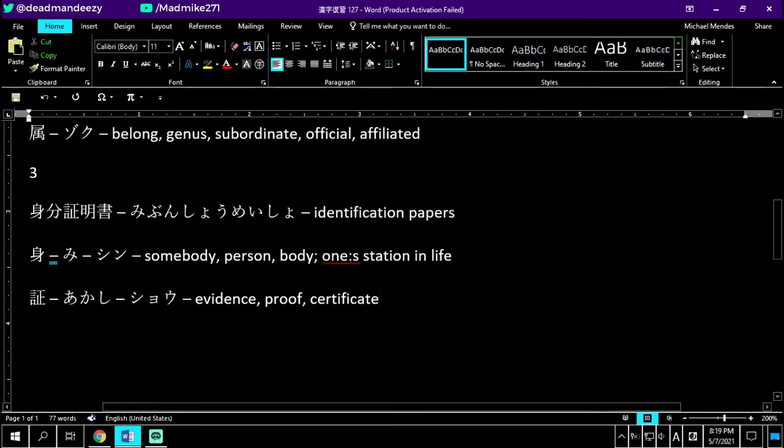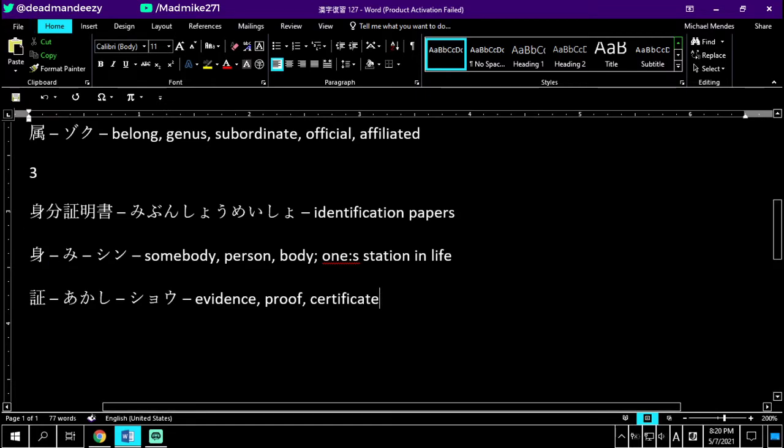So talking correctly is evidence, proof, or a certificate. Sho. Proof, evidence, or certificate.